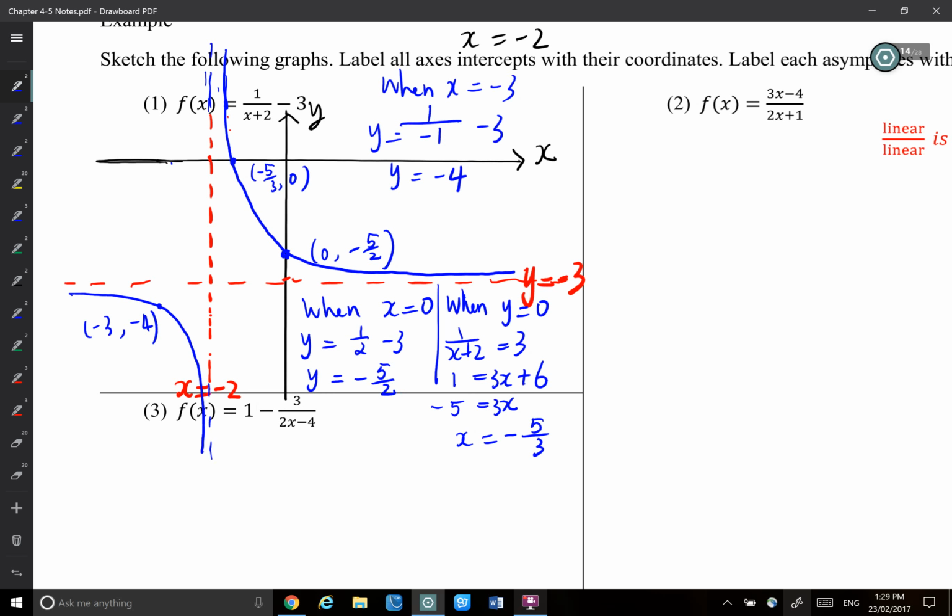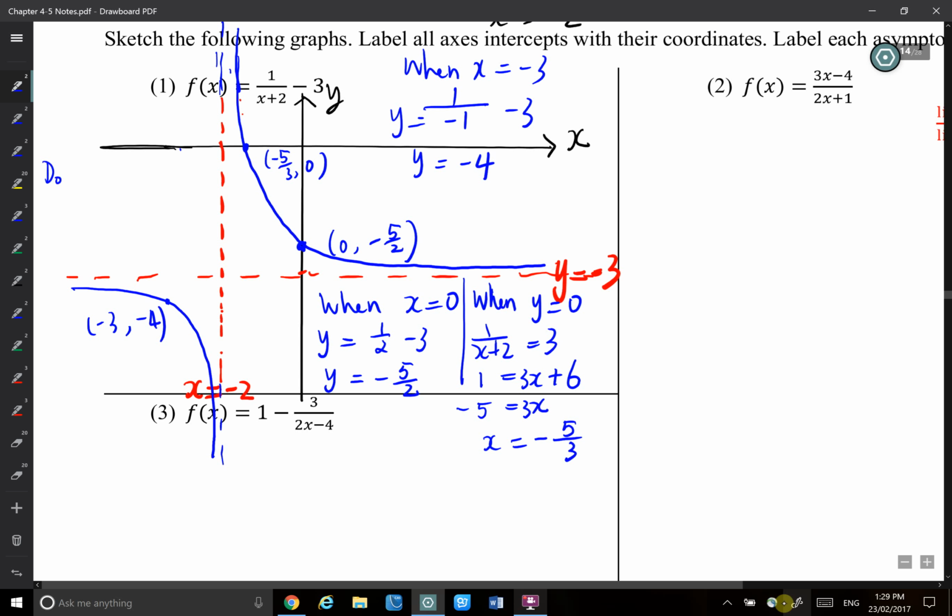Now we talk about the domain. What's the domain? The domain will be R except negative 2. And what's the range?